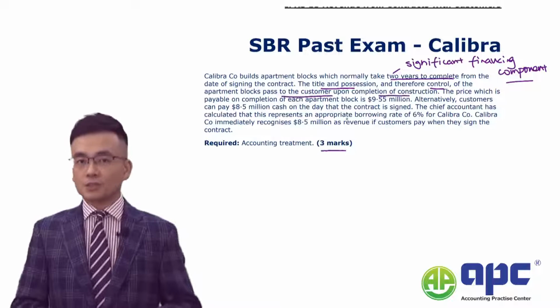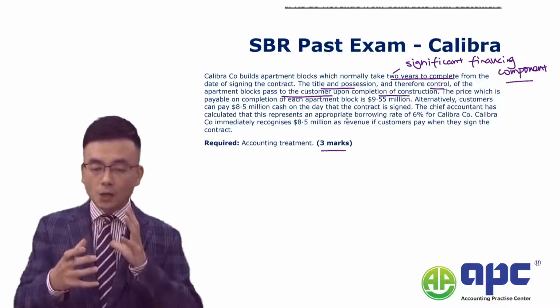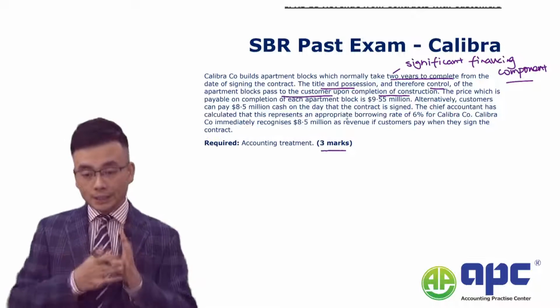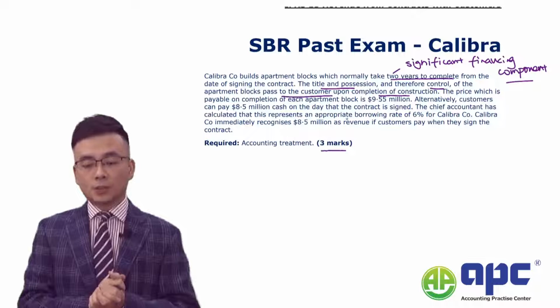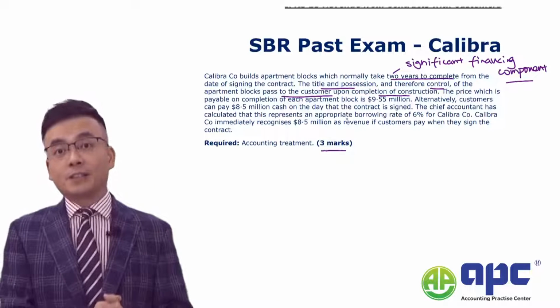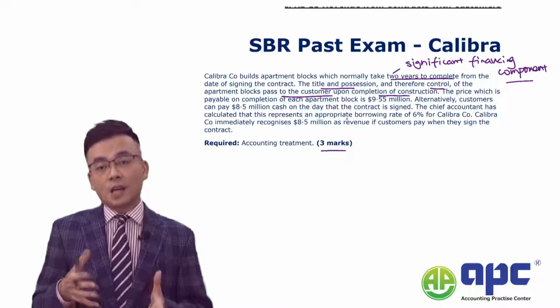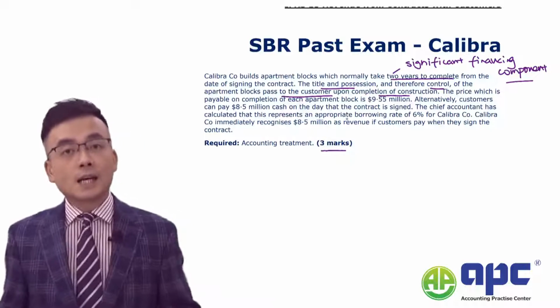Okay. So when we complete the whole process, that will pass the control to the customer. It's very likely that the customer has to pay for this, yes? So that's why we may be recognizing revenue over time.